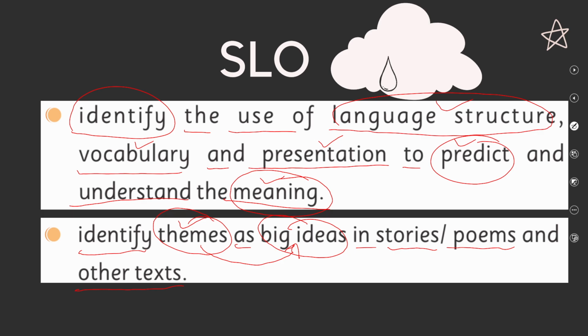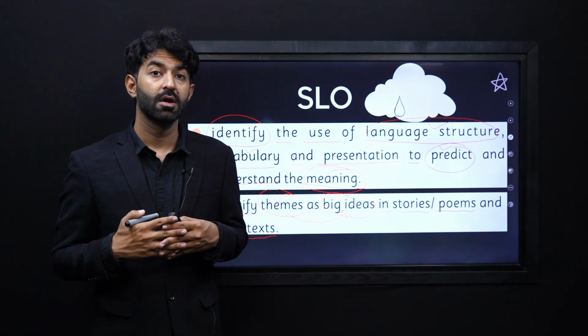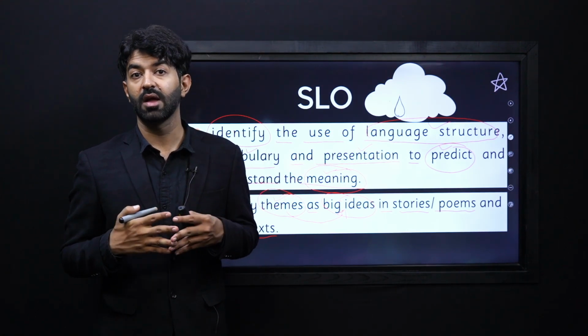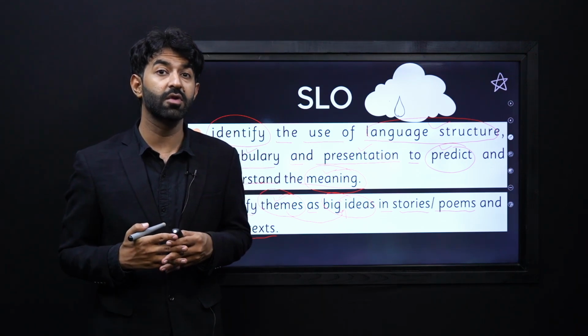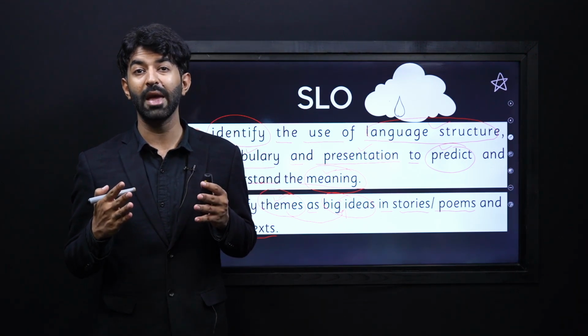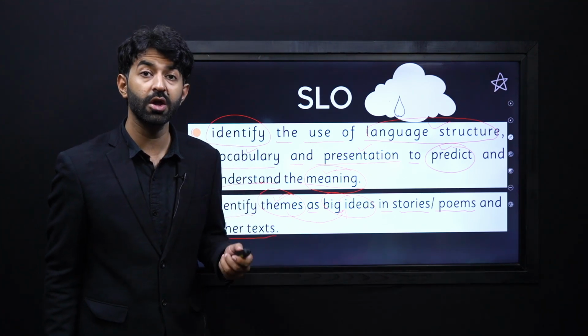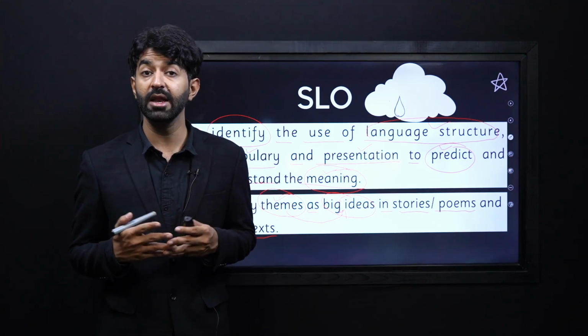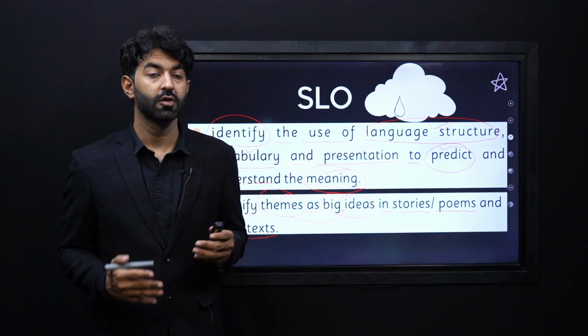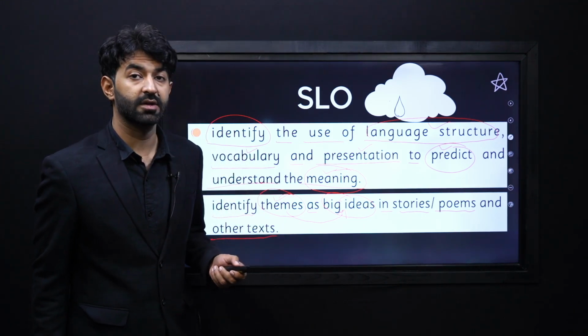So, we need to identify the theme and try to understand how the theme is covering the whole lesson, how it is the main and the big idea of any text, whether it's in a story or a poem and any other different text types. So we will be dealing with these two SLOs.